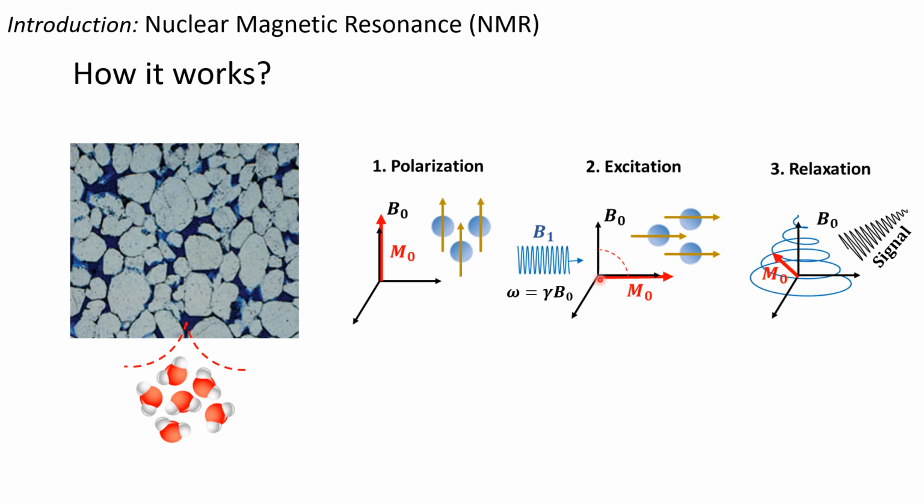In order to do that, we use an alternating magnetic field, B1, which is applied at that Larmor frequency. What it does is transition all the spins to the transverse plane, and all the spins immediately start to precess about B0 at the Larmor frequency. And the final thing that needs to happen is the detection.